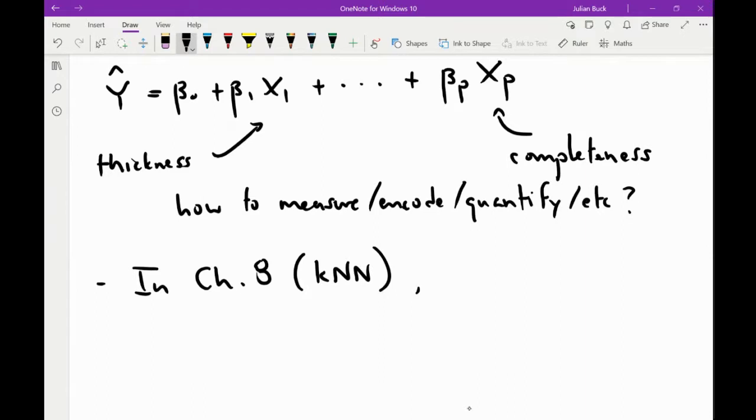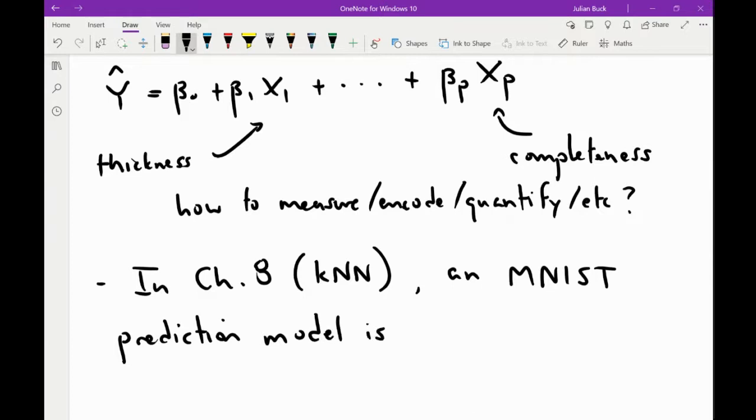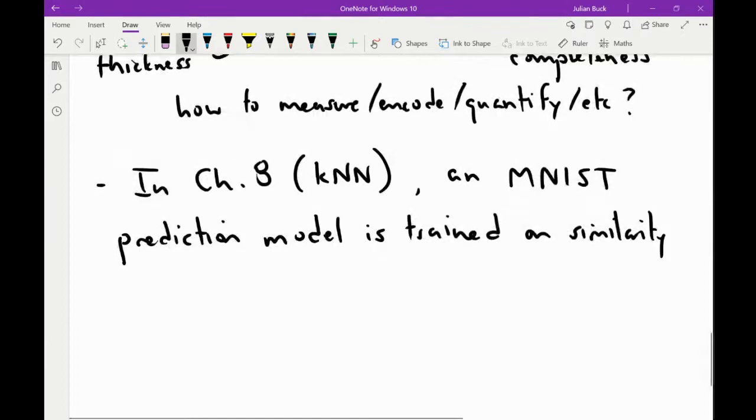An MNIST prediction model is trained on similarity to data points. In this case, data points being pixel density grids.